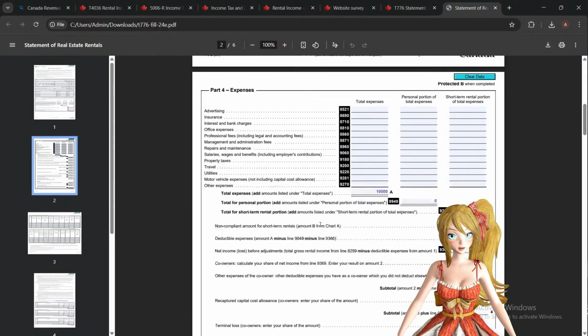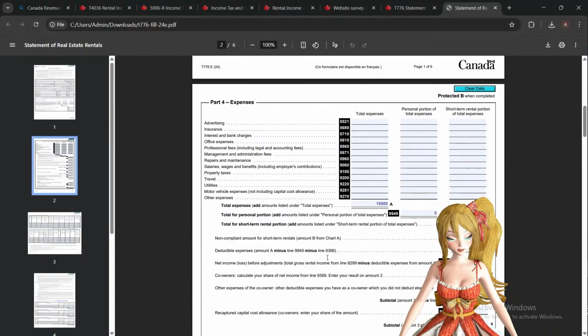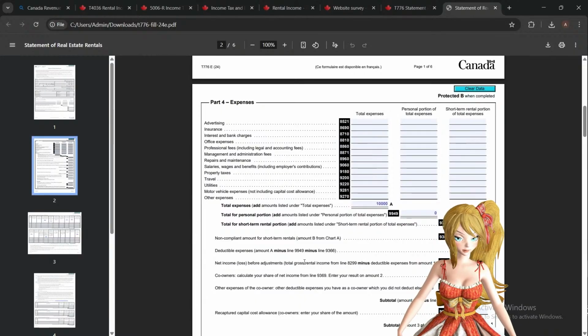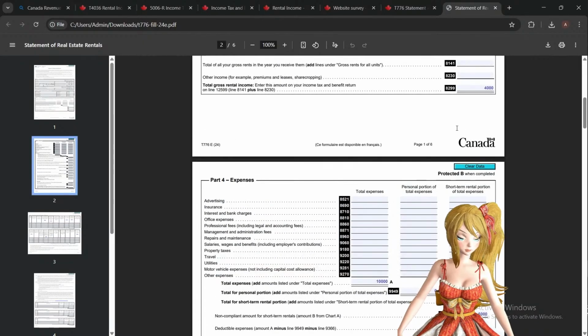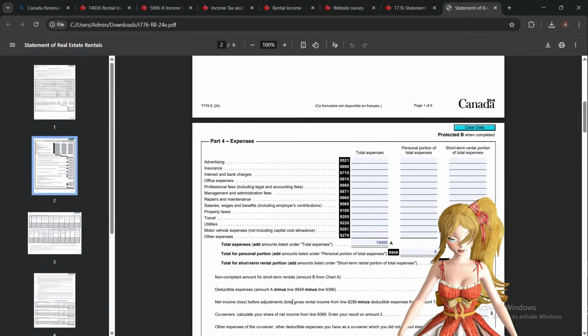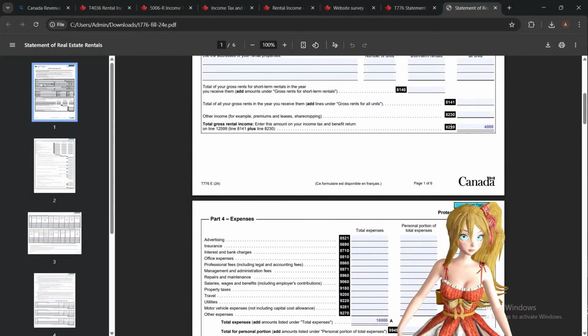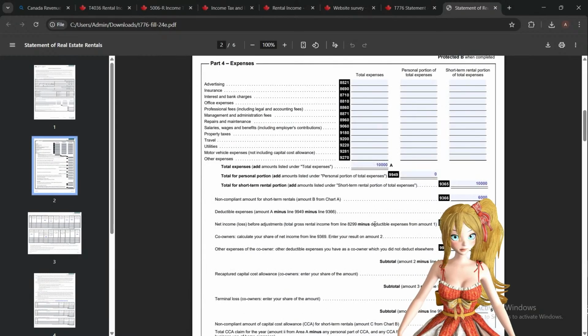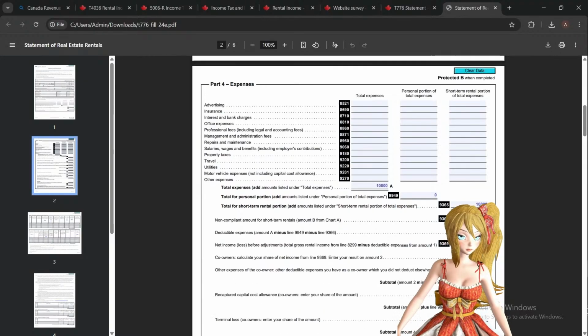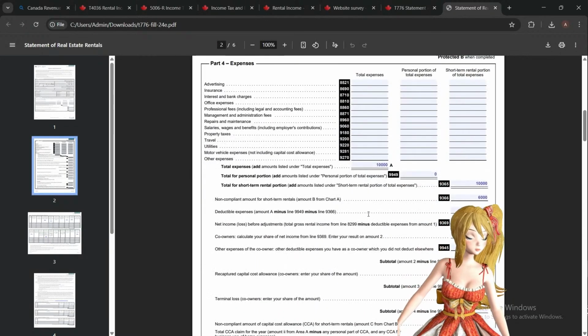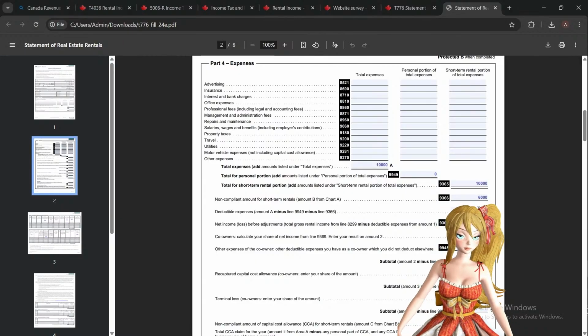And the net income is 4,000 minus the deductible. So 4,000 minus 4,000 is 0. So my net income was 0.